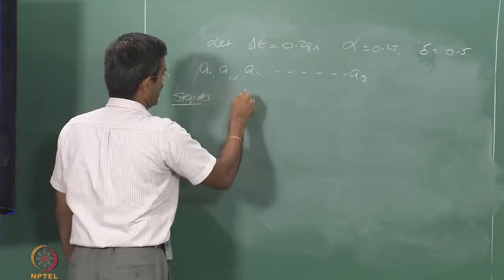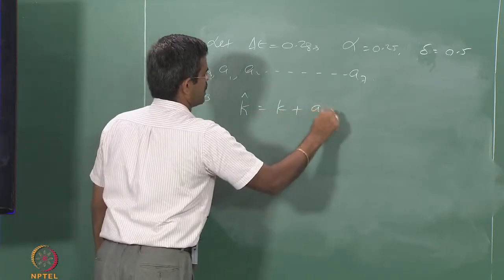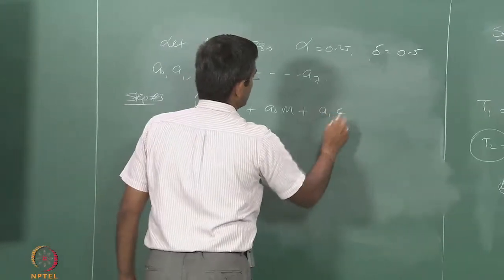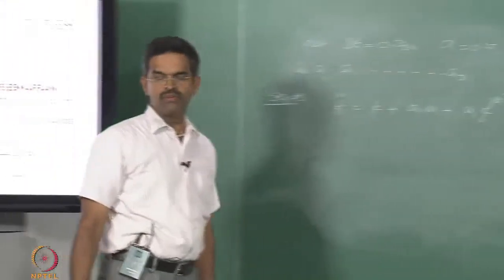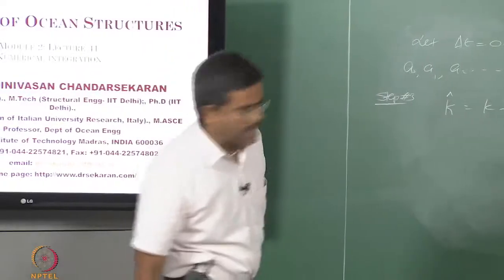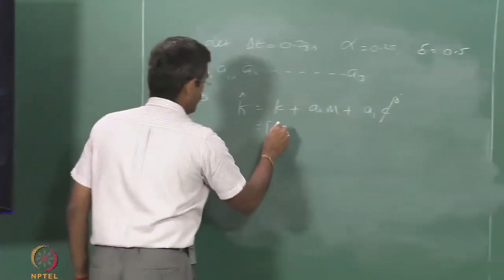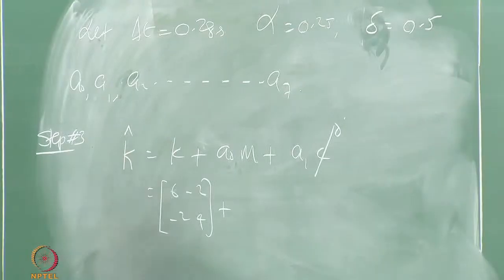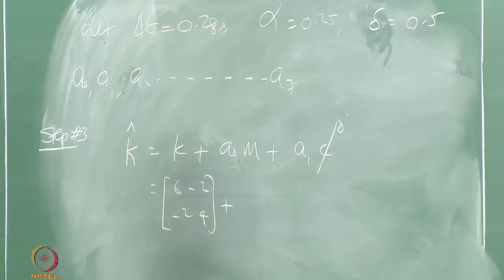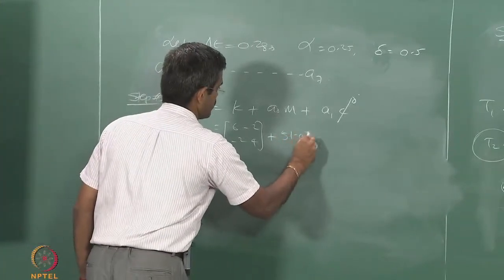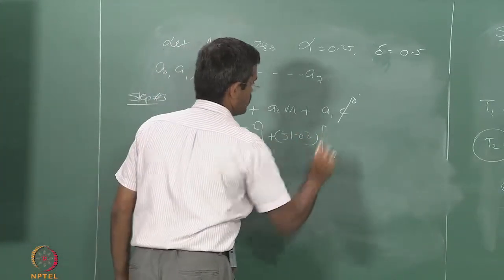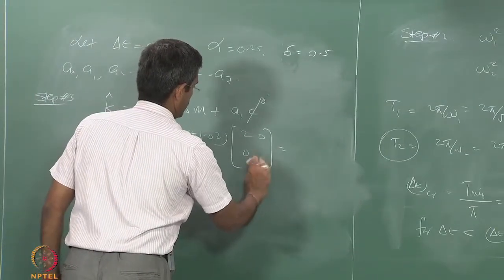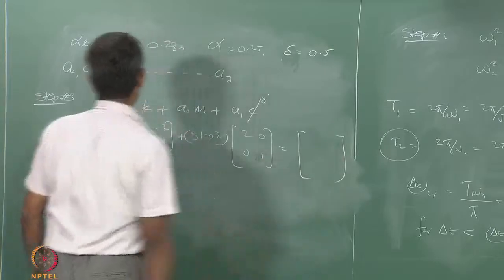Step number 3, I want to find k hat, which is k plus A0 m plus A1 c. C in this particular problem is 0. So, k already I know, which is 6 minus 2 minus 2 4 plus what is A0? 51.02 of 2 0 0 1, which will again be a matrix of 2 by 2.